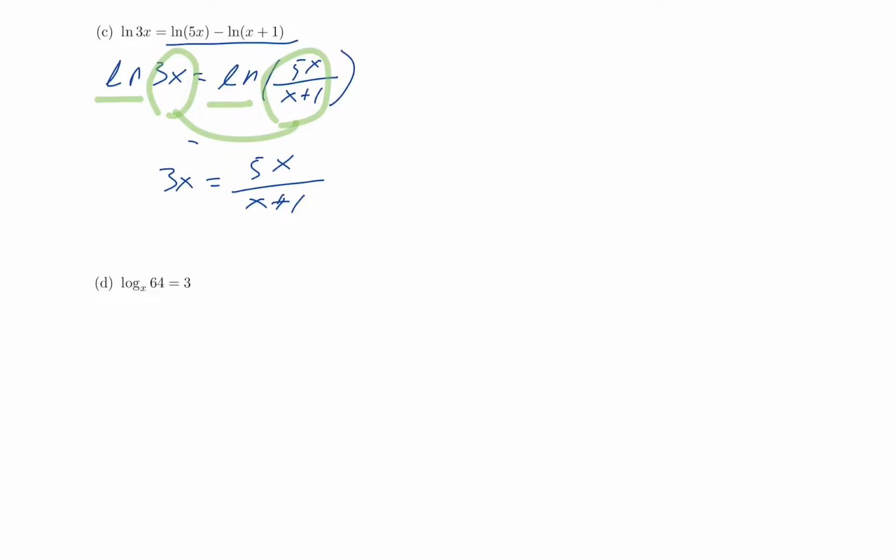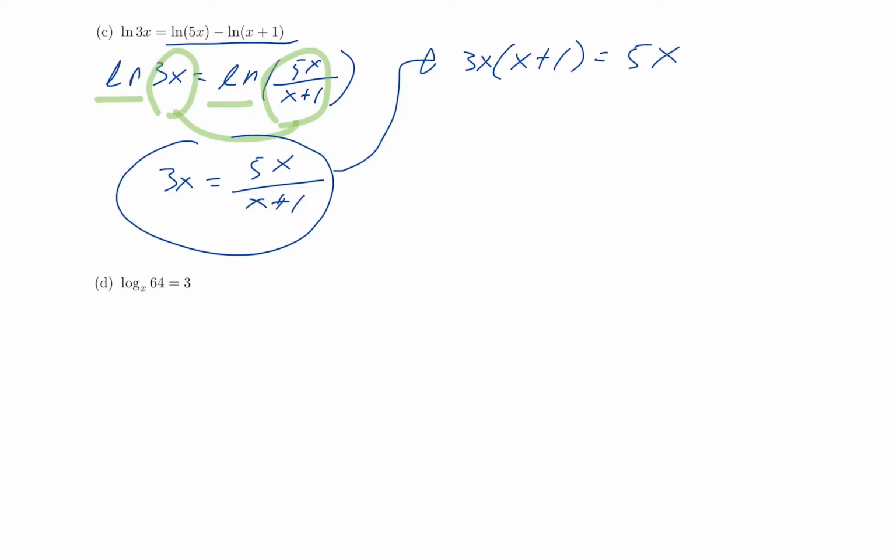So we're now solving this equation. How do we solve it? Let's multiply both sides by (x plus 1). Then I get 3x times (x plus 1) equals 5x. 3x squared plus 3x equals 5x.